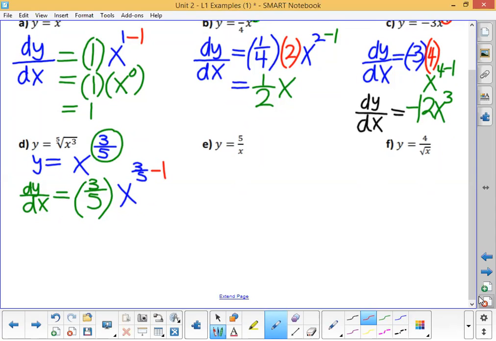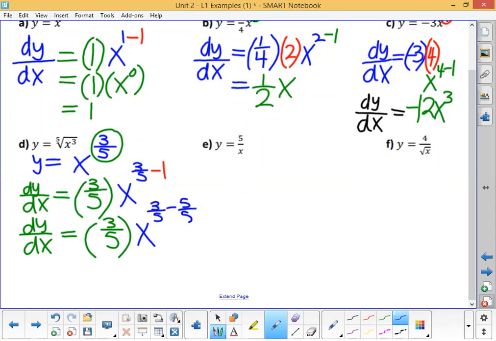So before I go any further, I don't want to do this in my head because I want to make sure that I don't make any mistakes. So I'm going to have 3/5 x to the power of 3/5 minus 5/5. I want to change it to a common denominator to make sure I'm not going to make any mistakes.